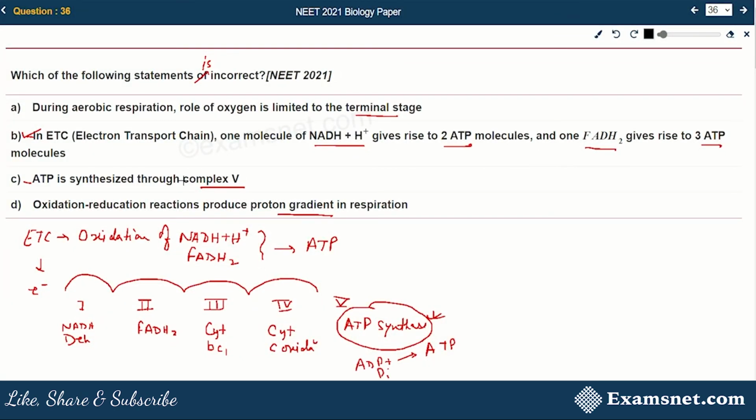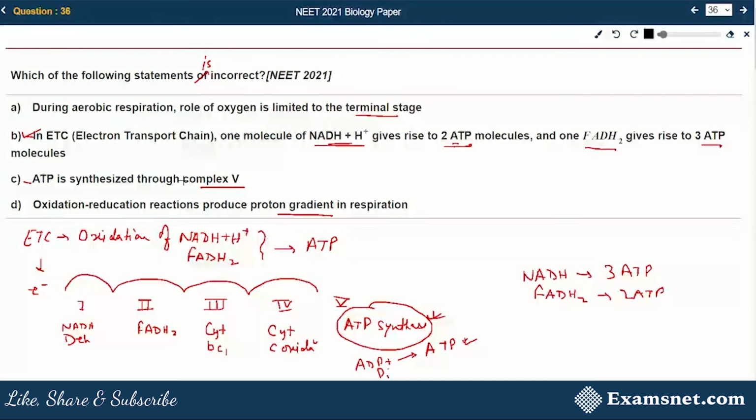Now the number of ATP produced depends on the nature of the electron donor. For example, one molecule of NADH gives rise to 3 molecules of ATP, whereas one molecule of FADH2 gives rise to 2 molecules of ATP. Therefore, option B is incorrect, because here it is written that NADH gives rise to 2 ATP.